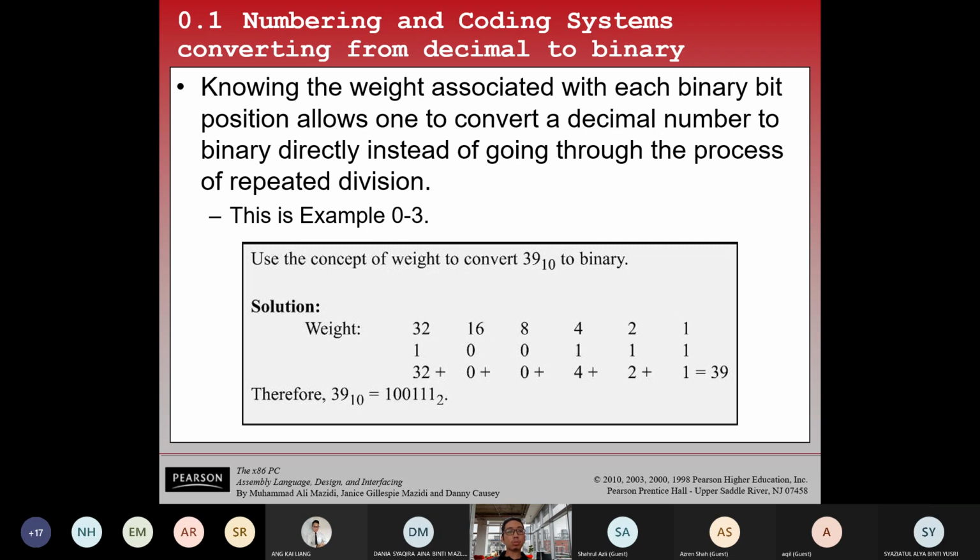So you got the number, right? It will be 1, 0, 0, 1, 1, and 1. So that's equivalent to 39. So that's another way to find the binary digits from the decimal. Before this, you did the division.